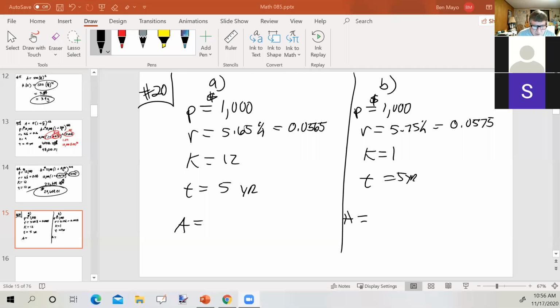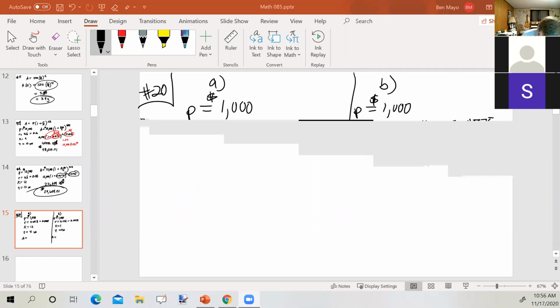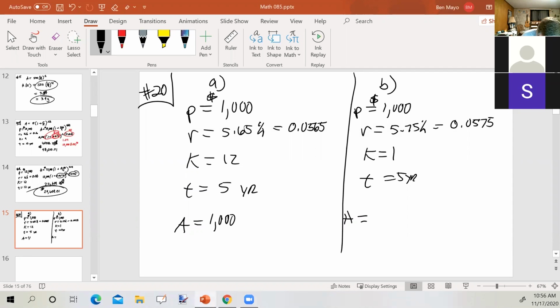Okay, so part A, I've got $1,000 times 1 plus 0.0565 over 12 raised to the 12 times 5 power.